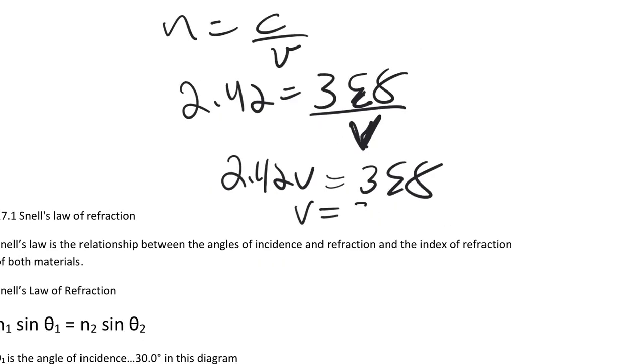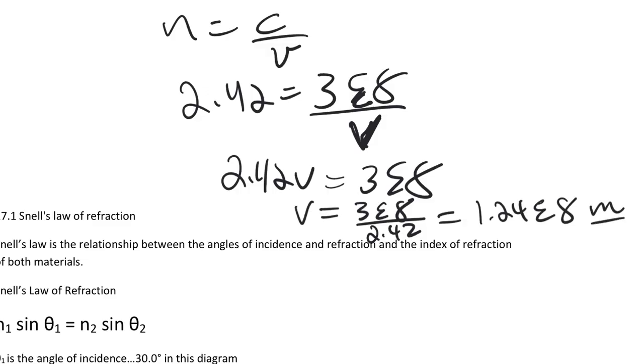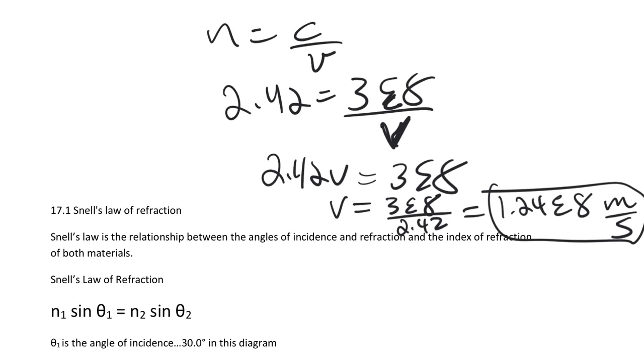So v equals 3e8 divided by 2.42, which is equal to 1.24 times 10 to the 8 meters per second. So it's gone from 3 to 1.24 times 10 to the 8. So it's significantly slowed down, but it's still going 10 to the 8.